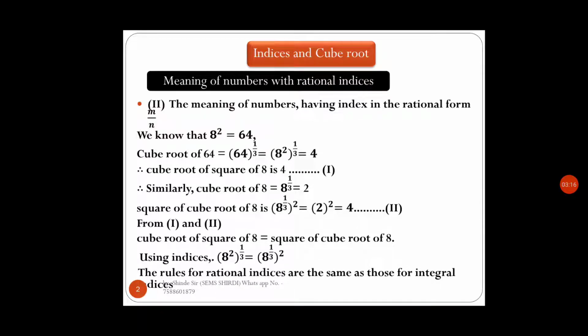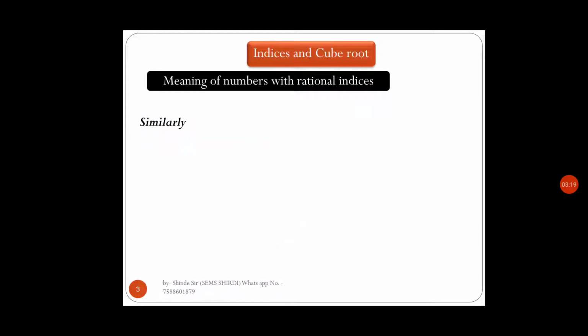Okay. Now we see next. Similarly, we take the numerator inside. You know the law of indices, a raised to m into 1 by n is equal to a raised to m by n.